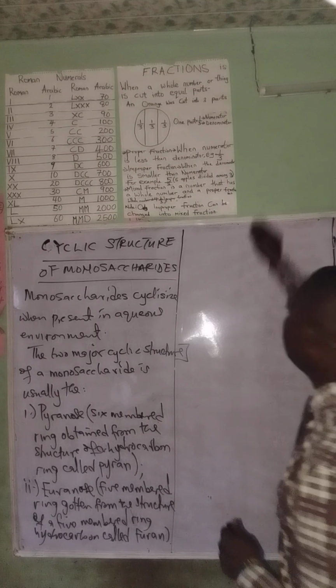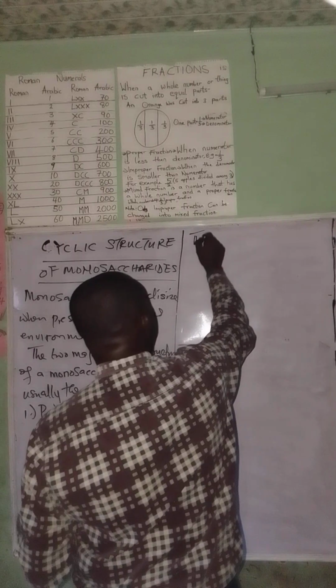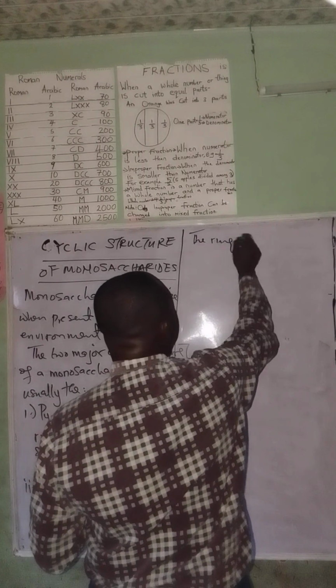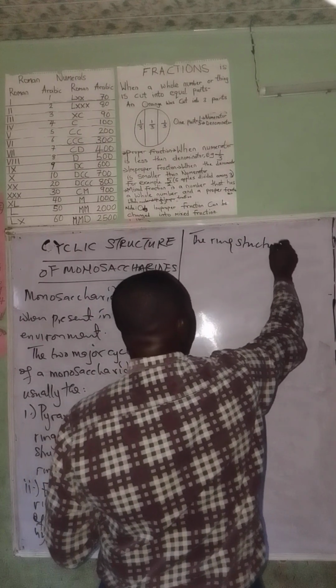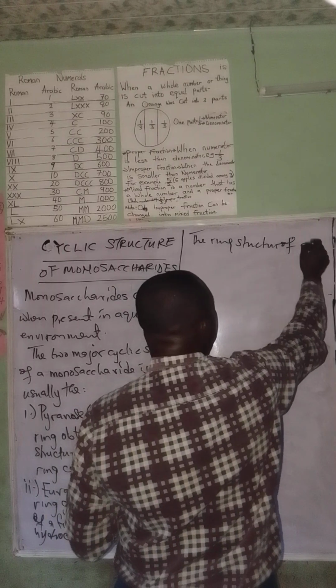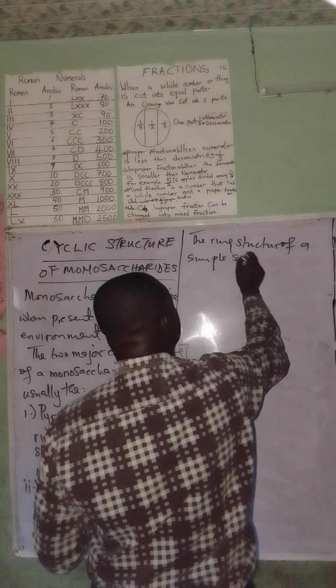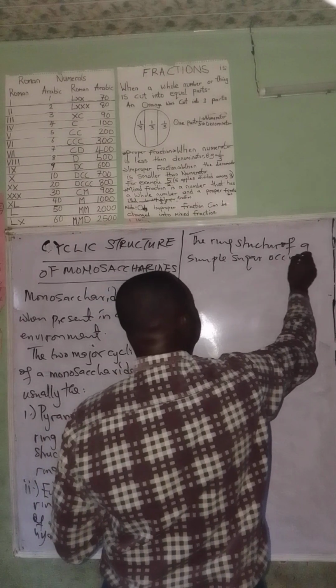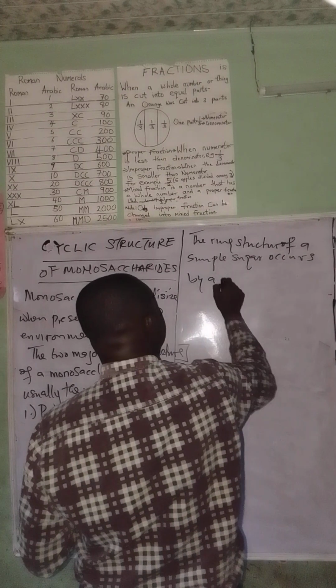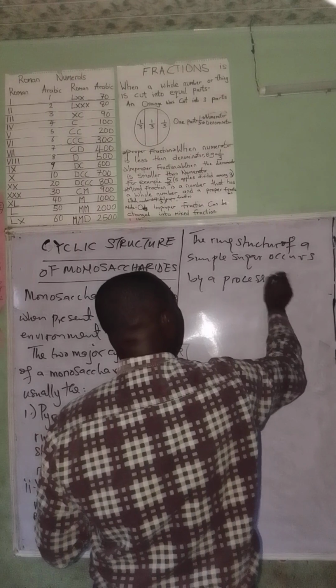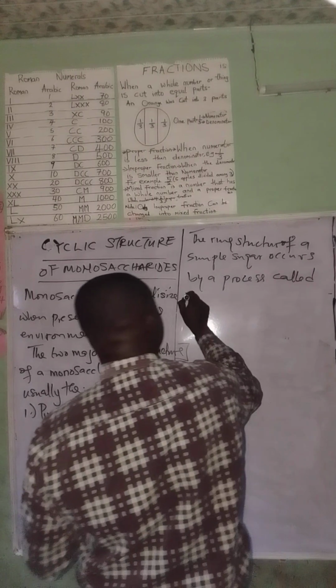Now, let me tell you the ring structure of a simple sugar occurs by a process called mutarotation.